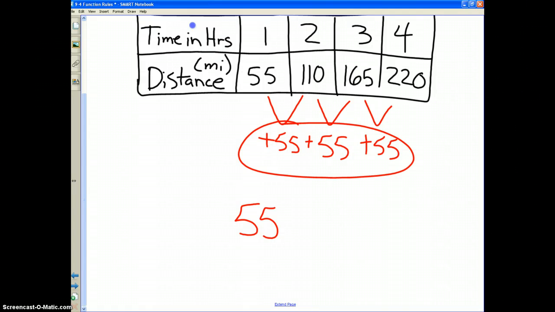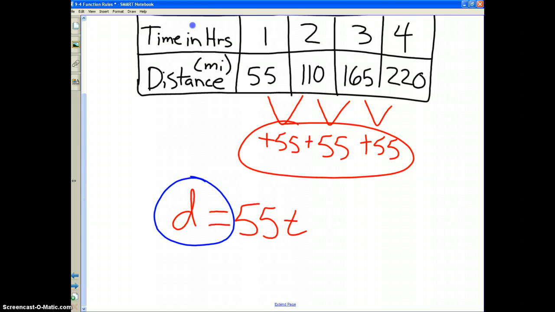Now instead of using x, we're going to use t for time. That's pretty much the same as the expression we did yesterday, but we're going to set this equal to d. Distance equals 55 times time. And that's really the big difference between yesterday and today. Yesterday we were doing expressions, today we're doing equations.